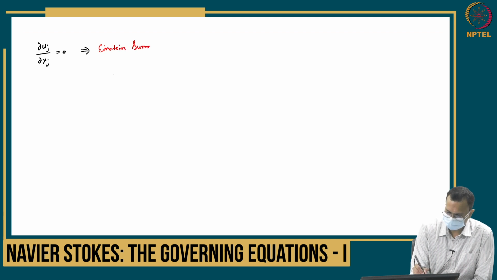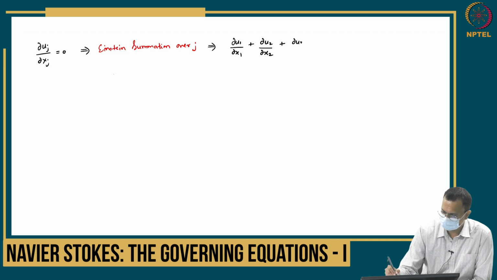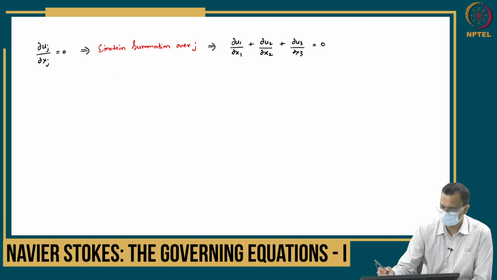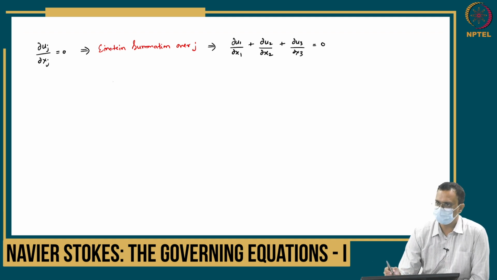Einstein summation over j repeated twice. So what do I get? It's dou u1 by dou x1 plus dou u2 by dou x2 plus dou u3 by dou x3 equal to 0. So I have only one equation here, right?